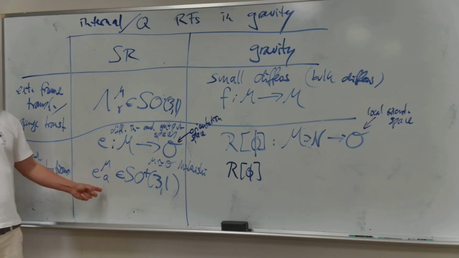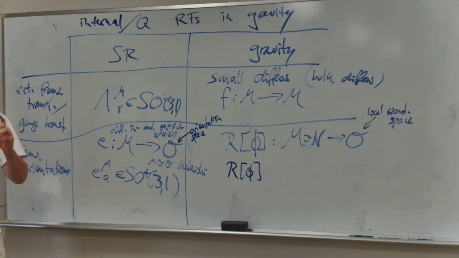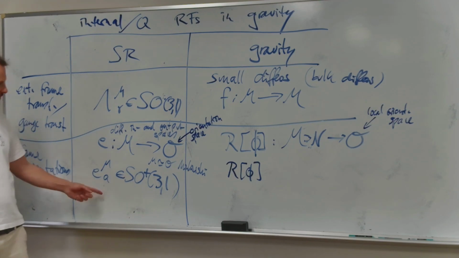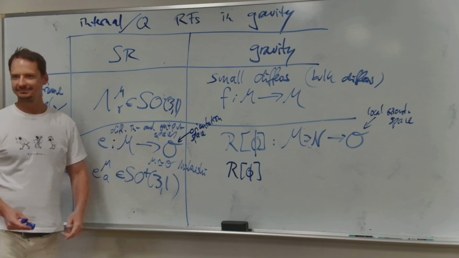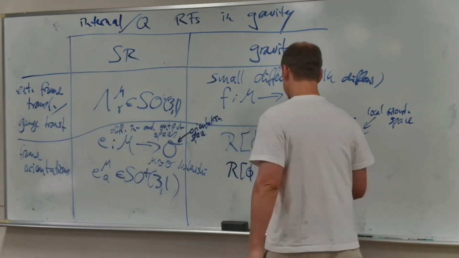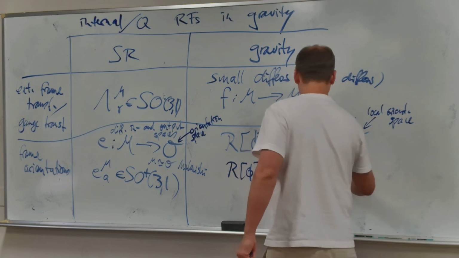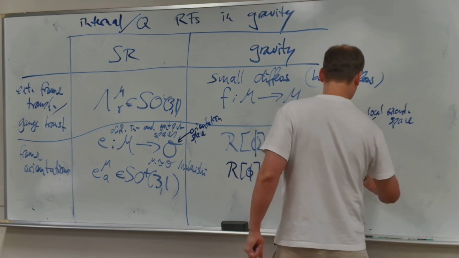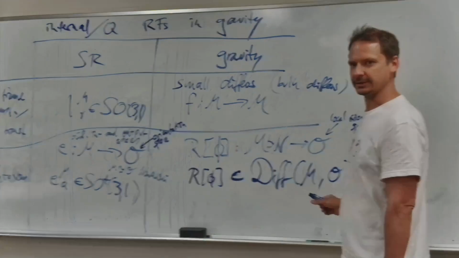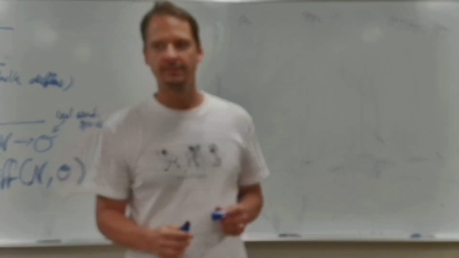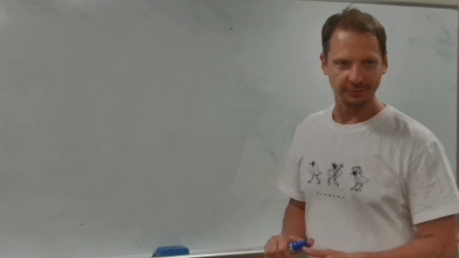This E mu A you can think of, loosely speaking, as group valued, but really it's like a Lorentz transformation from M to O. So this guy here, you can have to be part of diff from M to O, or N really. So then it's also group valued.